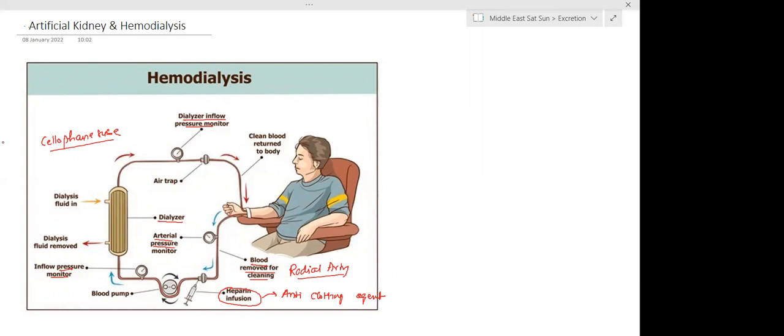Full stop. Now the blood returns to the patient's body through the radial vein.